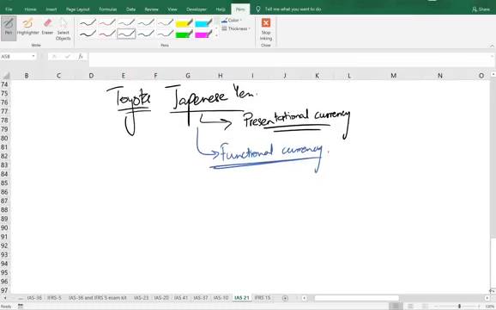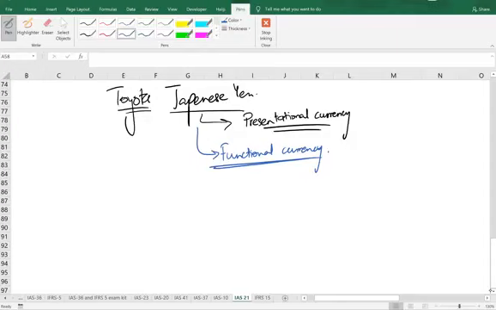Okay. Now the point is, we know what presentational currency is. Can a business choose its own presentational currency? 100%. The business can choose its own presentational currency, but can the business choose its own functional currency? No.